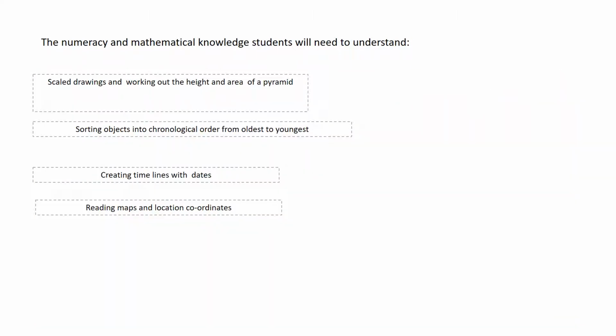The numeracy and mathematical knowledge students will need to understand include scale drawings and working out the height and area of a pyramid, sorting objects into chronological order from oldest to youngest, creating timelines with dates, reading maps and location coordinates.